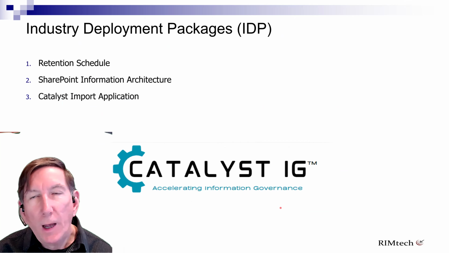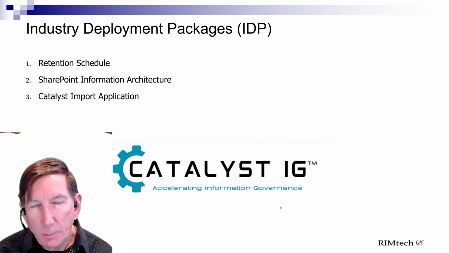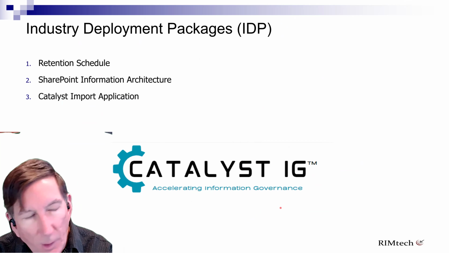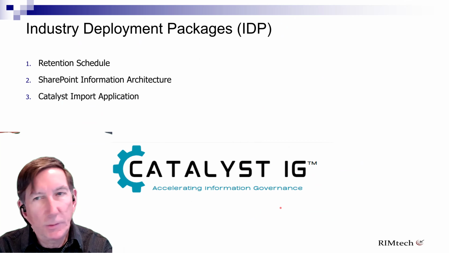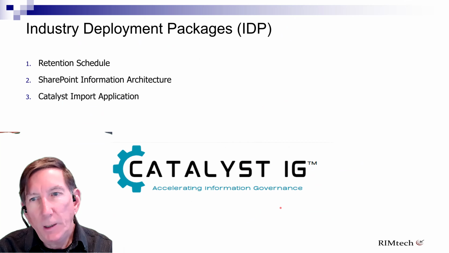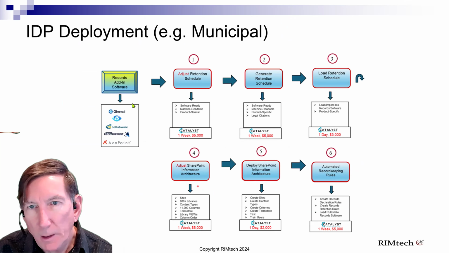So we have what we call an IDP, an industry deployment package. That refers to a whole industry in a box. We only have one today, which is for municipalities, 2,200. We envision in the future we might have one for police departments and other organizations, but for today it's only municipalities.